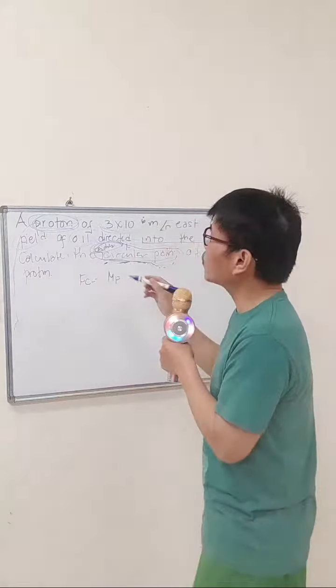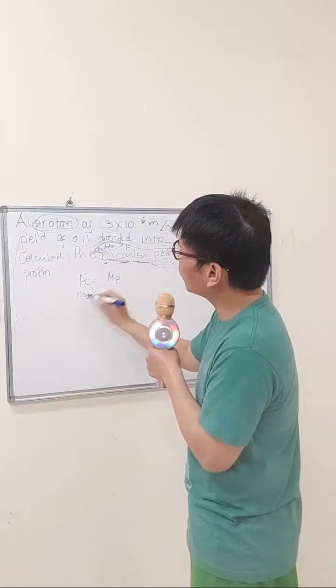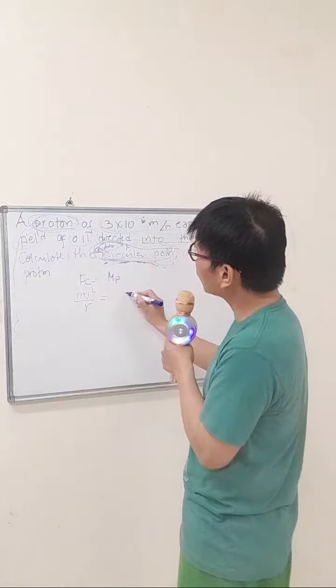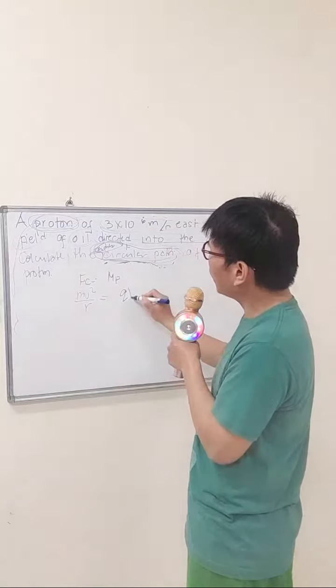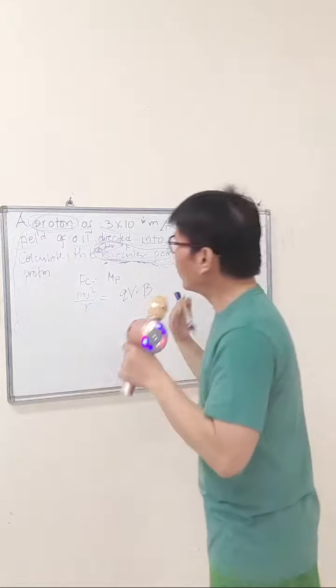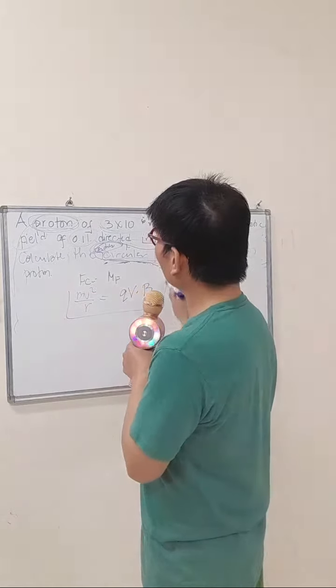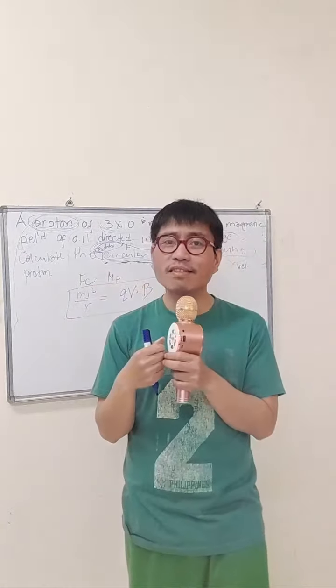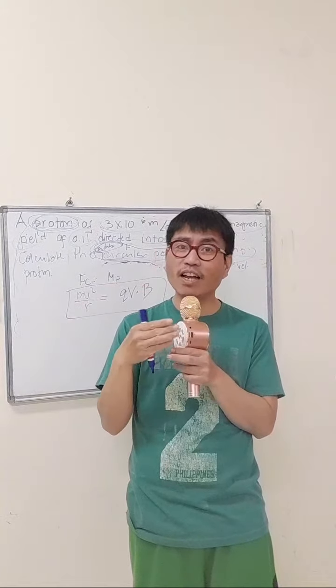So we have mv squared over r is equal to the charge of the proton times the velocity times the magnetic field.